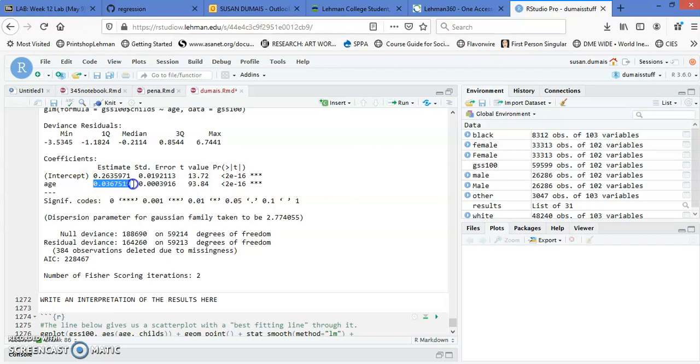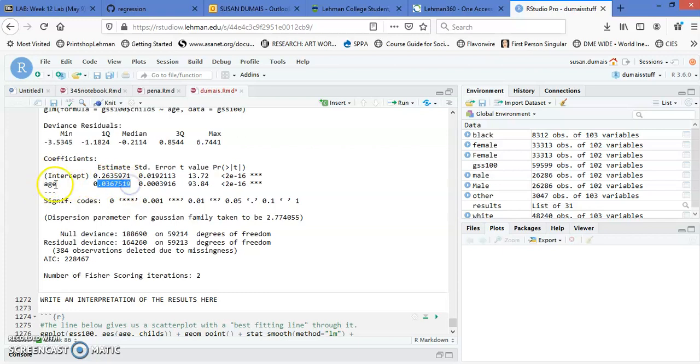The estimate is telling us for each unit that our independent variable age changes, this is how much our dependent variable changes. And we notice that there's not a negative sign in front of it, so it's a positive coefficient here. And so how do we interpret this?